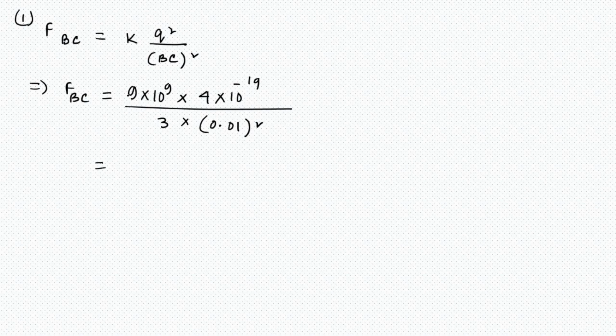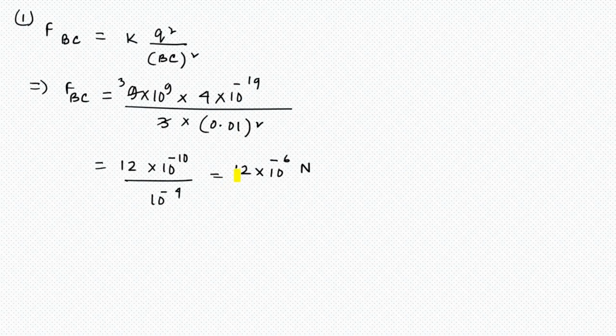So this is 12 into 10 to the power minus 10 divided by 10 to the power minus 4. So this would be 12 into 10 to the power minus 6 Newton. So this is our first answer.